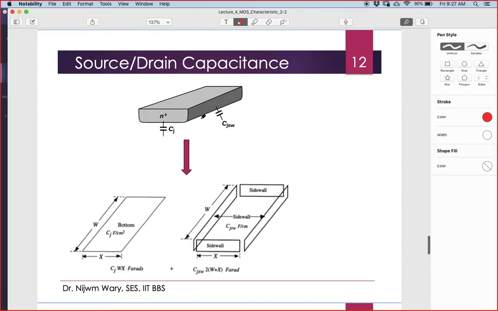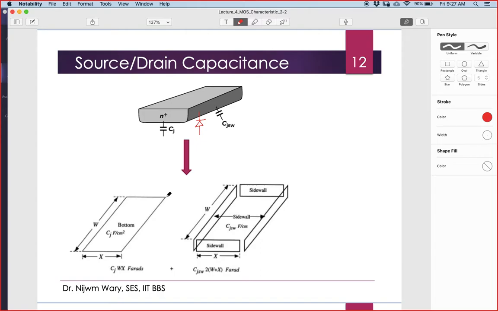This area, the side wall area and the bottom layer are in reverse bias condition with the P substrate, so you can model it as a reverse bias diode. To make the simplification easy, the bottom plate and the side wall plate are divided.